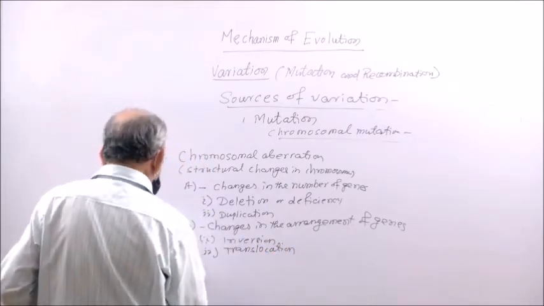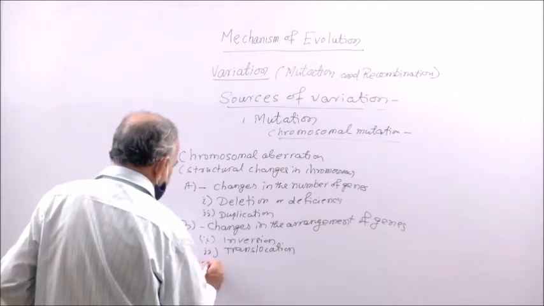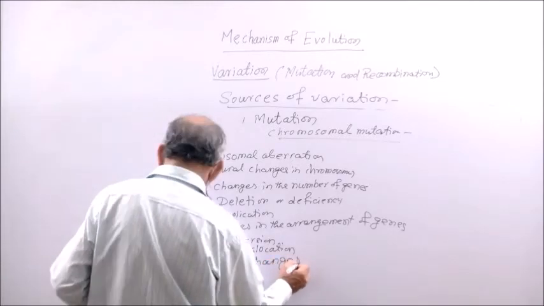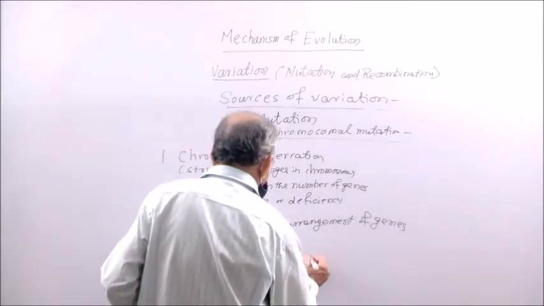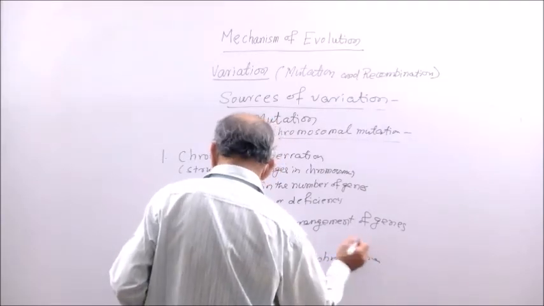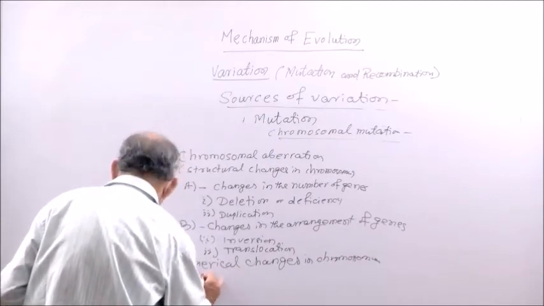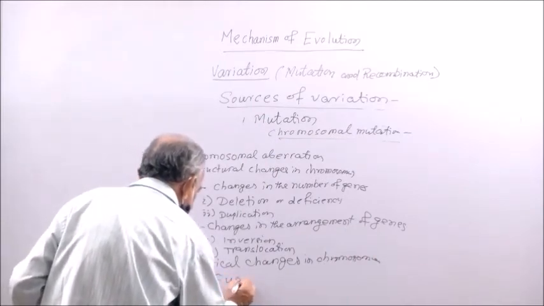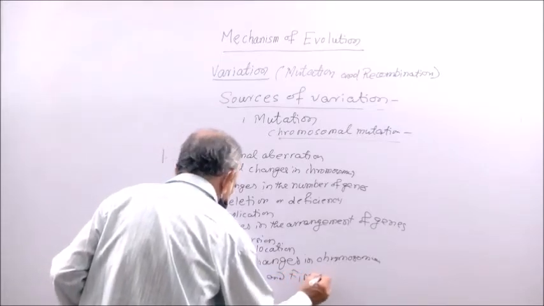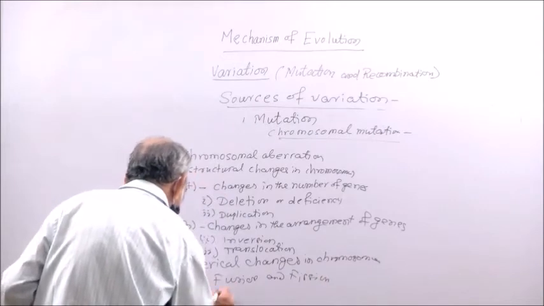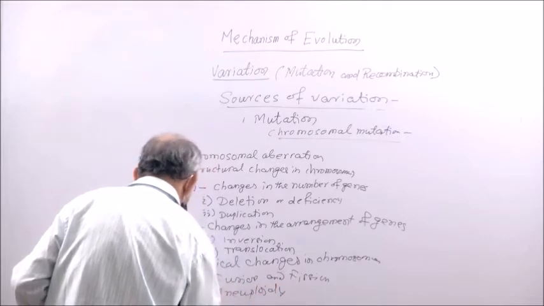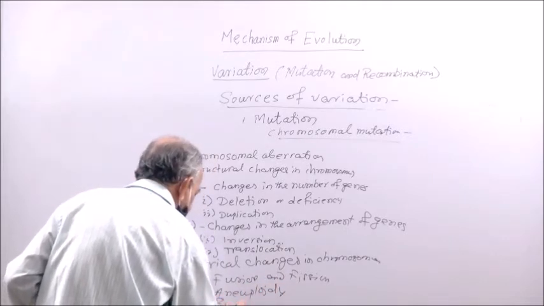Then number 2, numerical changes, means numerical changes in chromosomes. A, fusion and fission. B, aneuploidy, and C, euploidy.